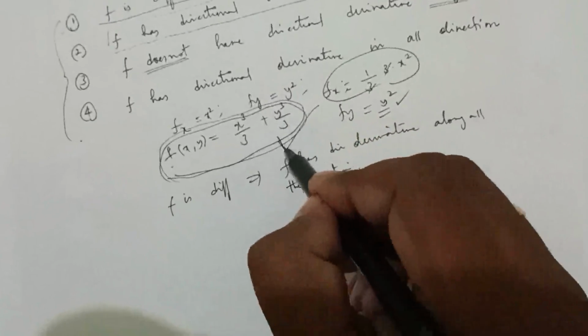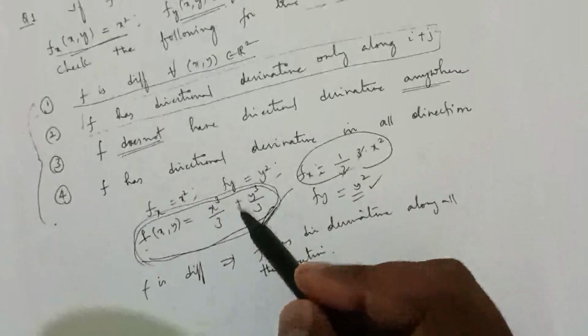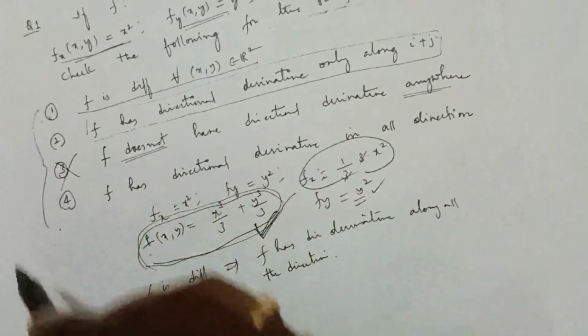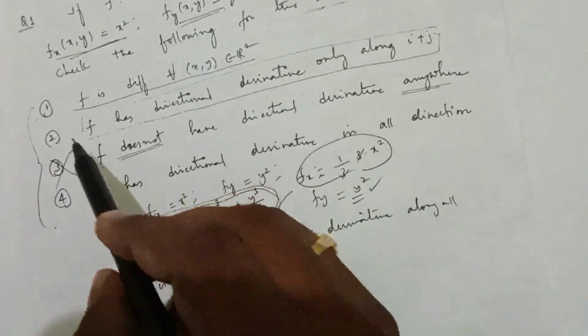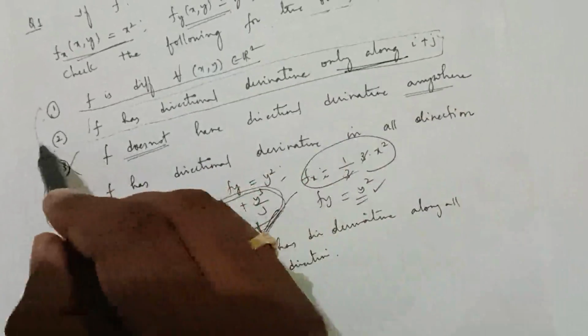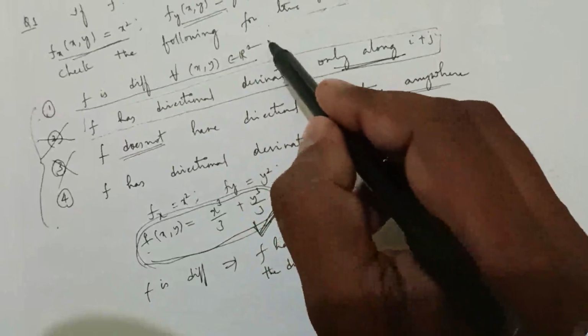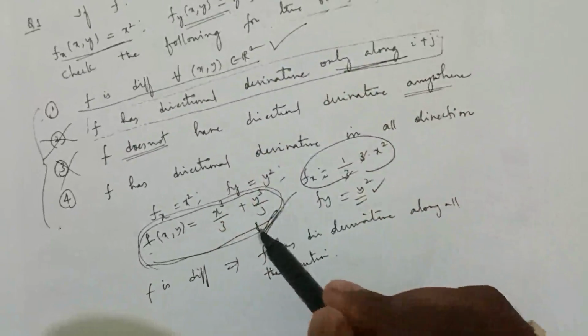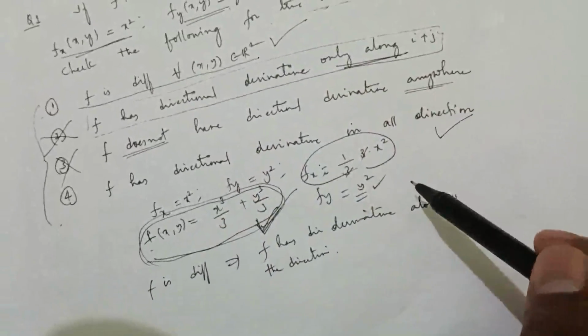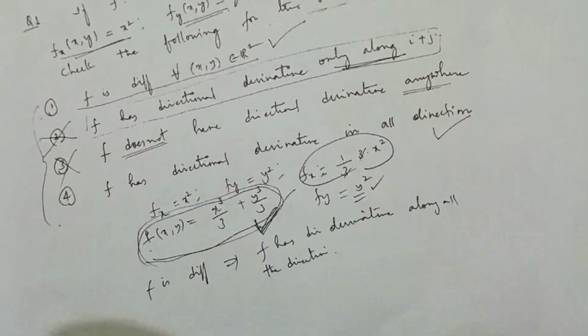So this function is differentiable, so this option is false. Then again, only along i plus j, this is also false. So if f is differentiable, that is true, then it has directional derivative in all the directions. Idea is clear?